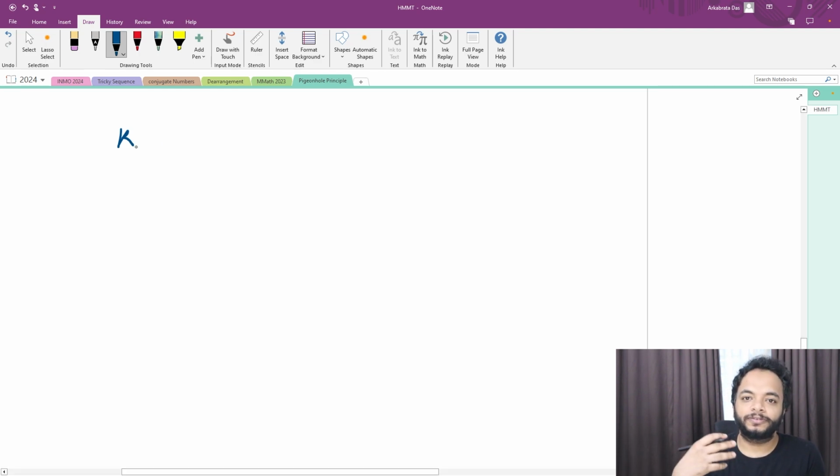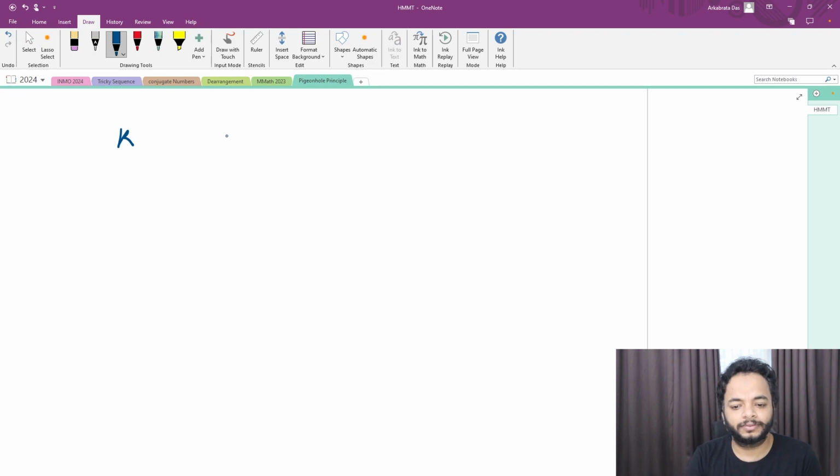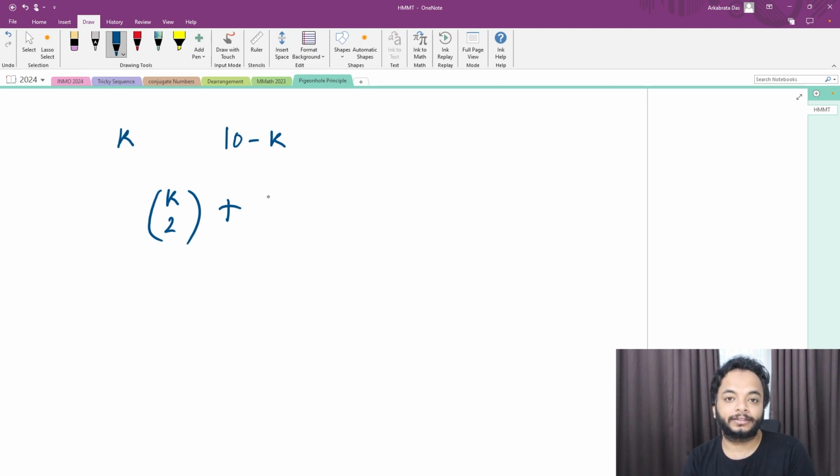Out of 10 questions, k have been answered correctly, so the student answers 10 minus k questions incorrectly, where k runs from 0 to 10. Then if the student answers k questions correctly, k choose 2 pairs of questions are formed that the student answered correctly.